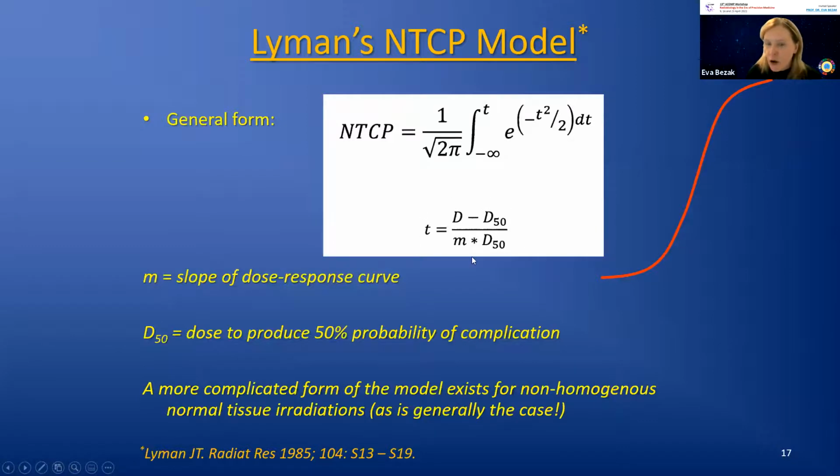So where the whole organ is exposed to the D50 dose, 50% of those patients will have that negative side effect of radiation. Let's say it's radiation pneumonitis. M represents the steepness of the dose response, how fast the slope of the dose response curve is. What you don't see here is the dependence on the volume.